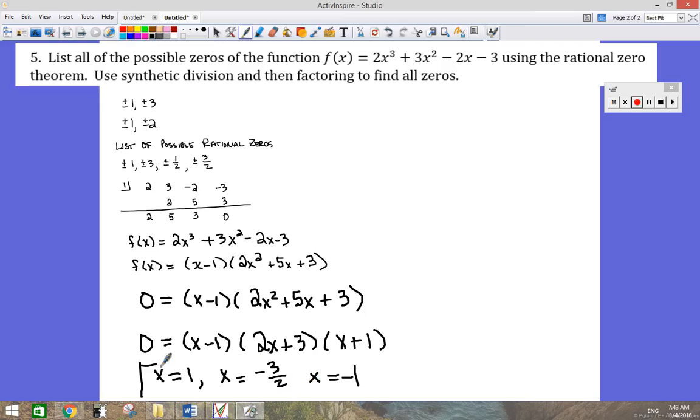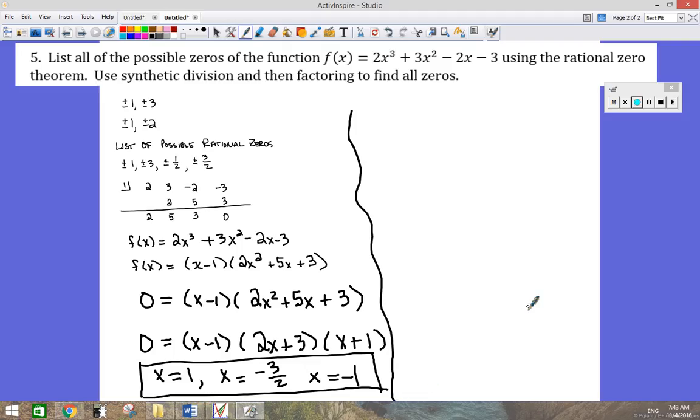Alright, so these are the 3 x-intercepts of a third degree polynomial, so I know I found them all. Now, this original polynomial function, I have ways to factor it. I can see, although I didn't initially see that the quadratic here factored, I do initially see that this factors, I think, by grouping.